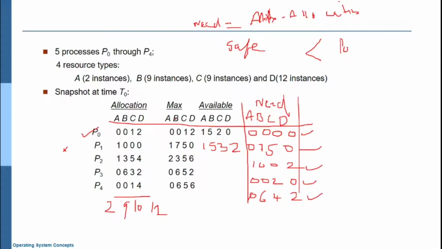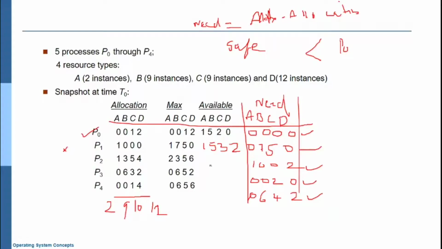So this is the need table for the given processes. Now from the available, you see here, the need for process 0 is 0 0. So P0 is executed. For P1, the need requires 7 instances of B, but we have only 5, so this is not possible.